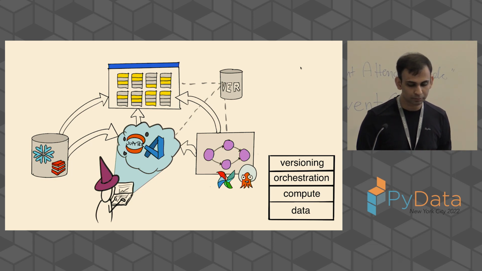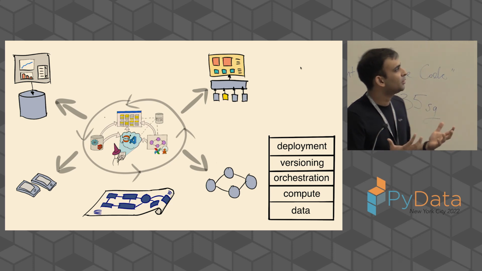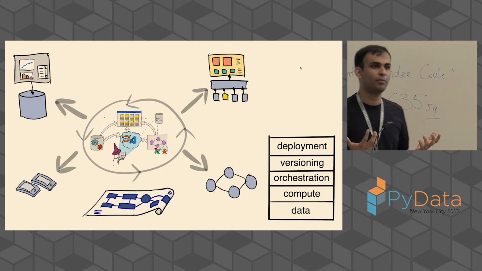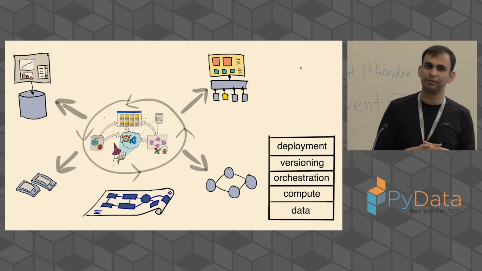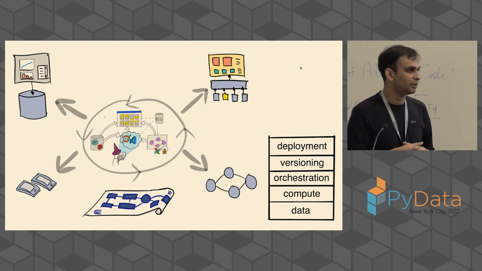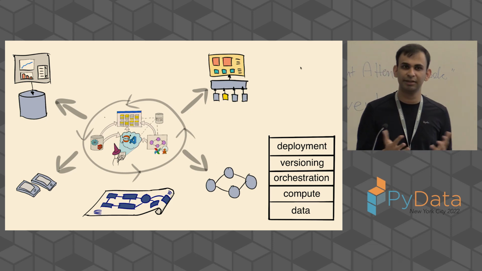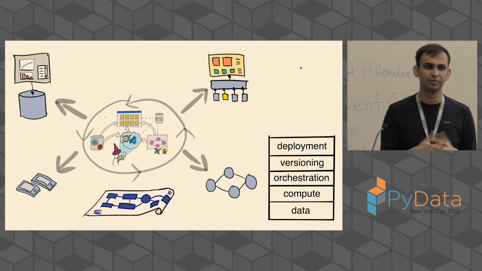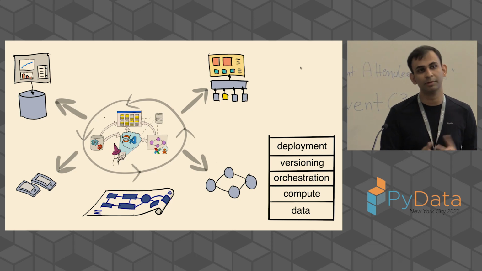And then once you have some kind of model, comes the notion of deploying that model. Now, within an organization, you can have different machine learning projects, and each of those projects will have different requirements for deployments.